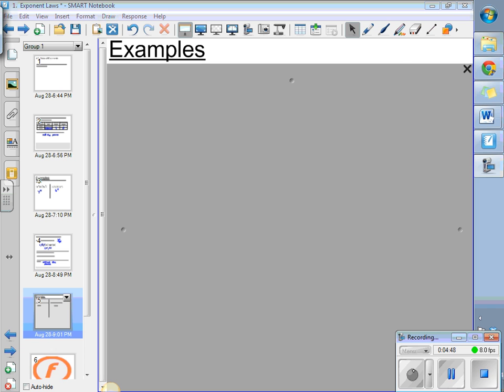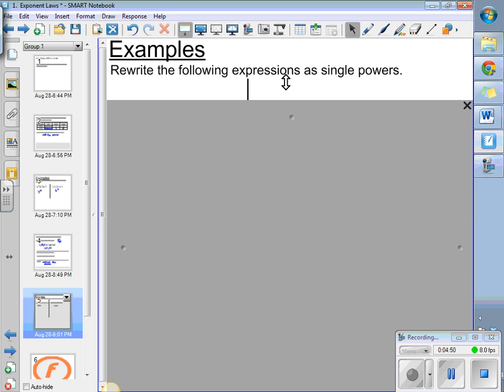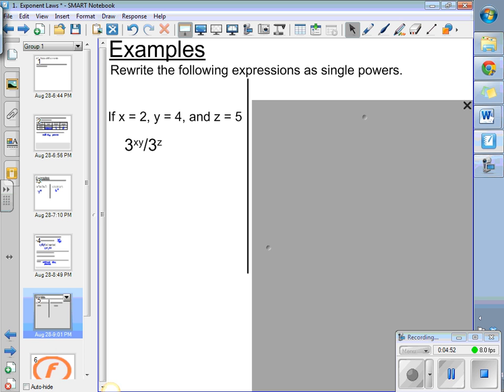And our final example, we're going to rewrite these as single powers. So we get to fill some stuff in too. We have 3 to the power of 2 times 3 to the power of 4 over 3 to the 5th.